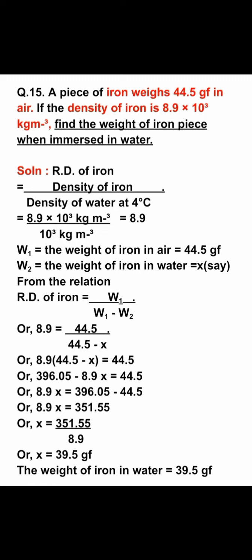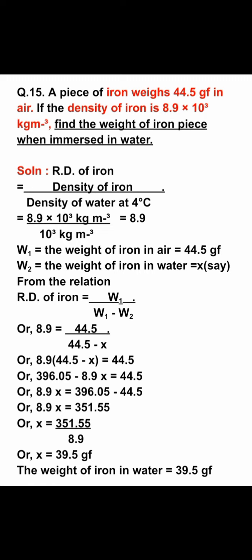Now cross multiplication: 8.9 into (44.5 minus X) equals 44.5. After multiplying, it's 396.05 minus 8.9 into X equals 44.5. After changing sides and sign, 8.9x is separated to the other side, so 8.9x equals 396.05 minus 44.5, or 8.9x equals 351.55 after subtracting.